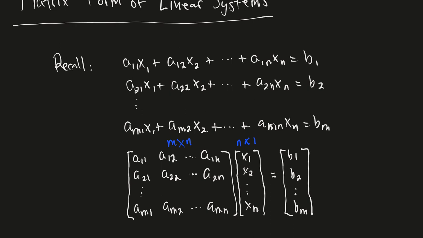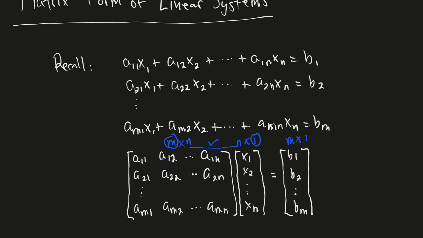But the question is, is it consistent? Because this is an m by 1, and that's what we would expect to get if we multiply an m by n and an n by 1. These two numbers tell me that the product is well defined, and these two numbers tell me what my answer is going to be.